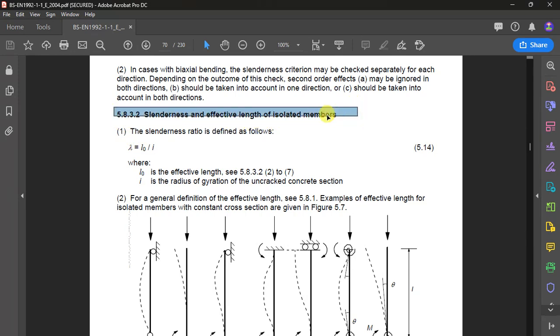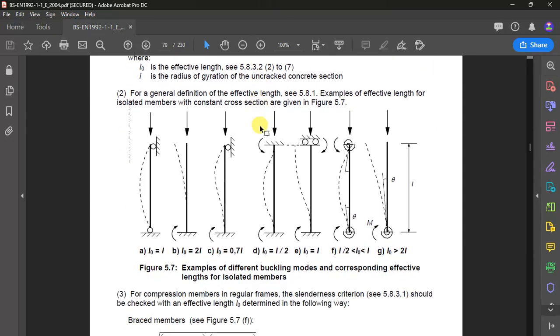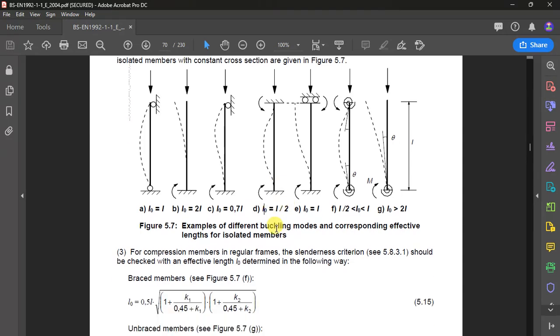Slenderness and effective length of isolated members. So ours is from around here, and in most cases it is this or this. They are telling you that L naught, which is the effective length, is equal to the total length divided by 2.